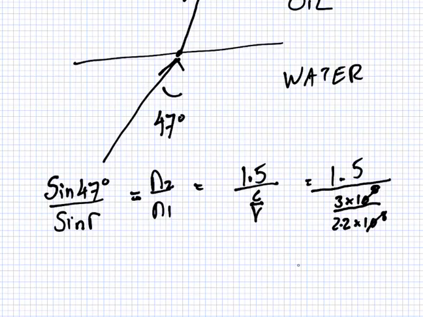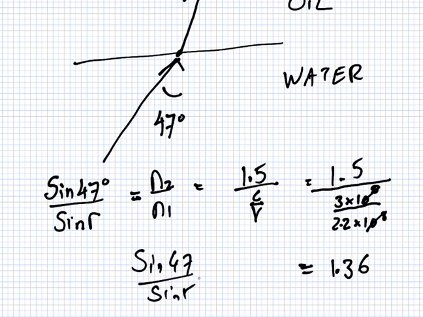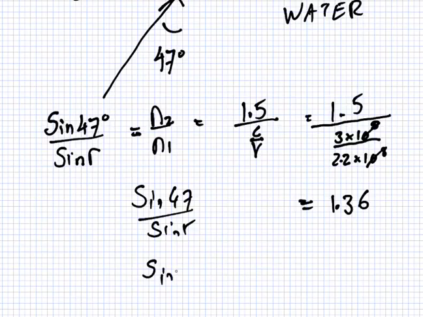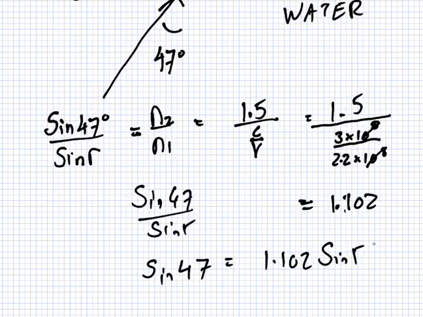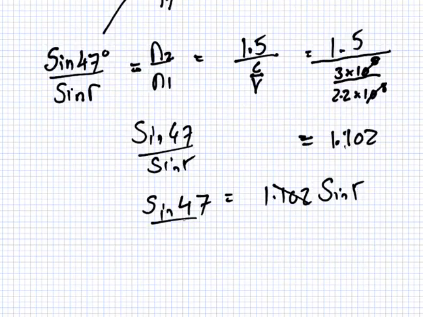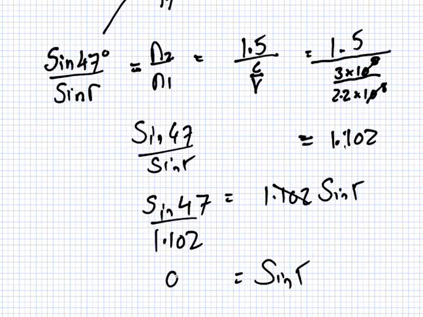Okay, so what do you get here, please? 1.36 in total. So we have sine 47 over sine R equals 1.36. Sorry. It's 1.102. So sine 47 equals 1.102 sine R. Okay, so now can you tell me what that is? 0.537. Okay, and what's the R?